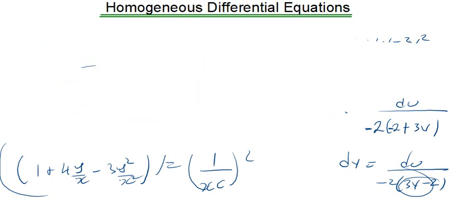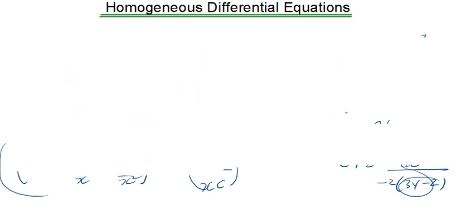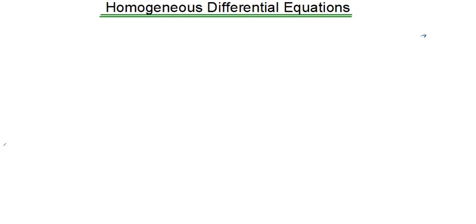So let's look at the last example in this tutorial. Let's say we have dy dx equals, this is not too different from what we've just been doing, 2x squared plus y squared divided by 2xy plus 3y squared. You can confirm on your own that this is homogeneous.